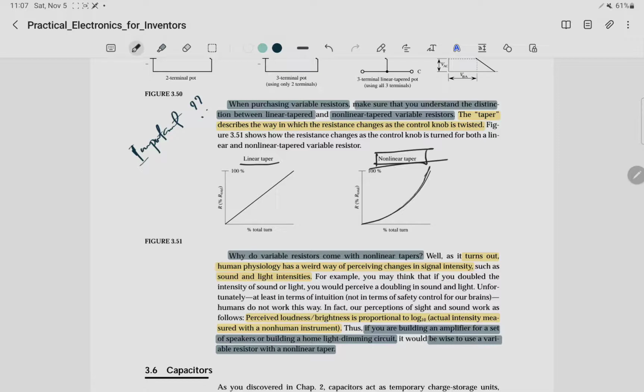So basically what we do is we use non-linear tapers, in that perceived loudness or brightness is proportional to log 10. So in case you're building an amplifier for a set of speakers or building a home light dimming circuit, it would be wise to use a variable resistor with a non-linear taper.